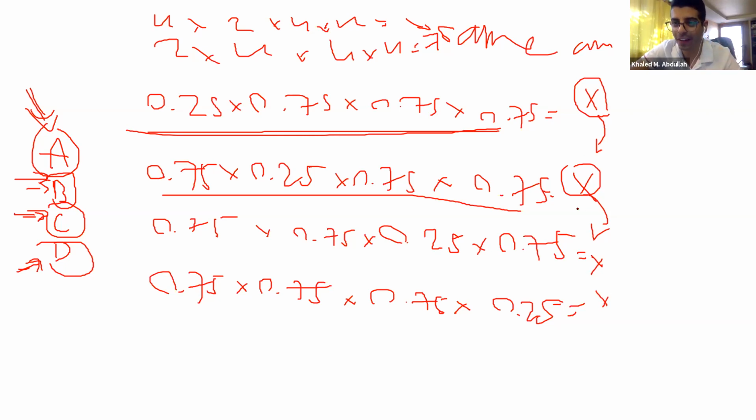So since they're all the same value, what we can do is actually just add them all together, because this is the probability of the first one getting affected. This is the probability of the second one getting affected. This is the probability of the third one getting affected, and this is the fourth one getting affected.